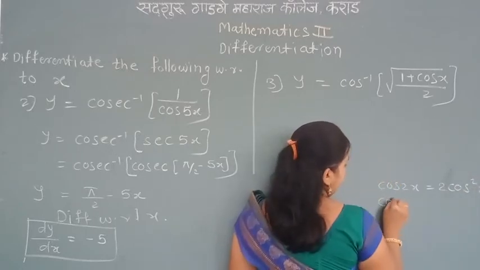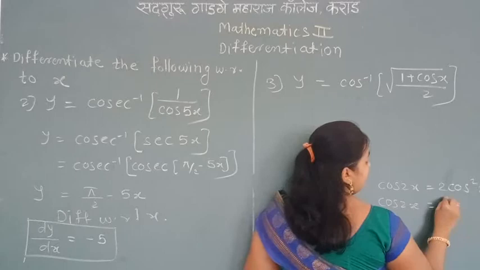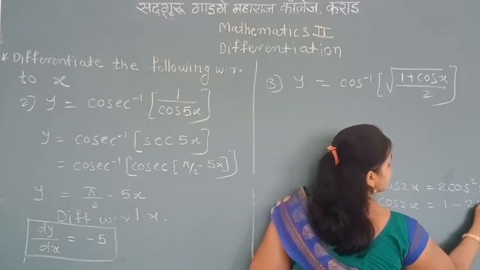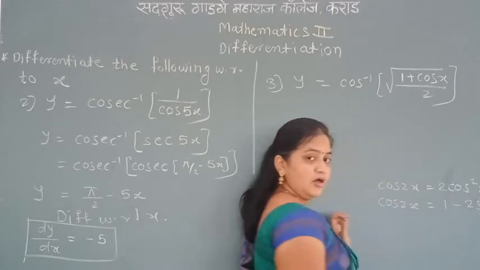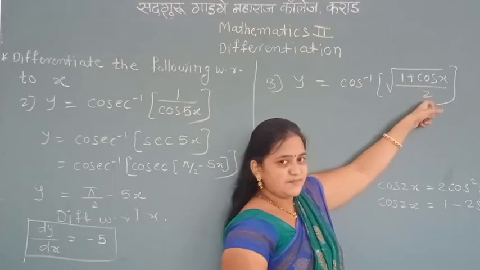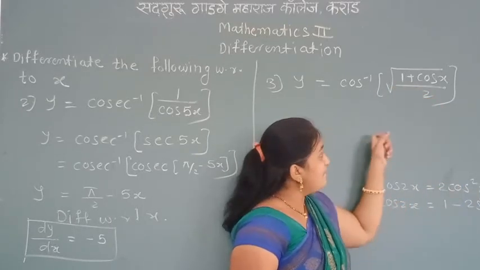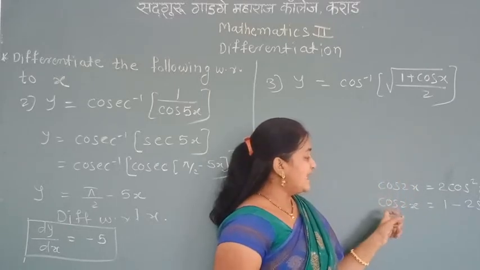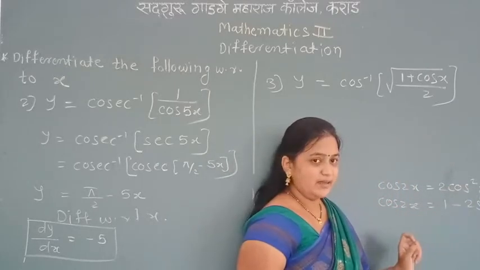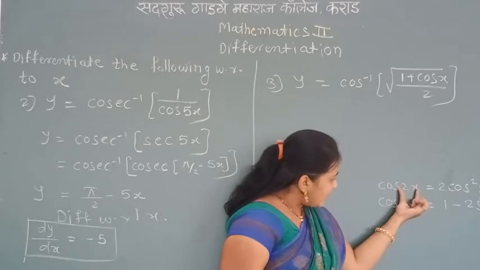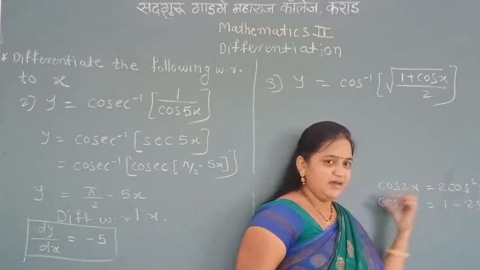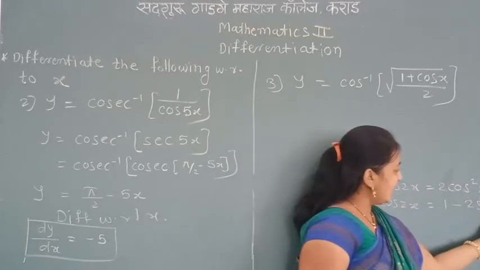Again one more formula, cos 2x is 1 minus 2 sin square x. Correct? So 1 plus cos pairing, that time we can write 2 cos square. And 1 minus cos pairing, that time we can write 2 sin square. What about the angle? Whatever angle, take half angle.